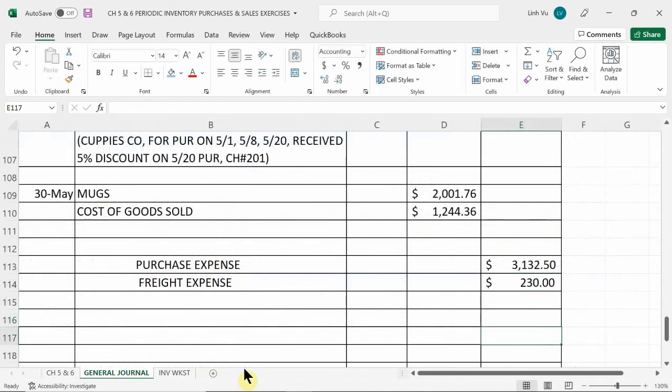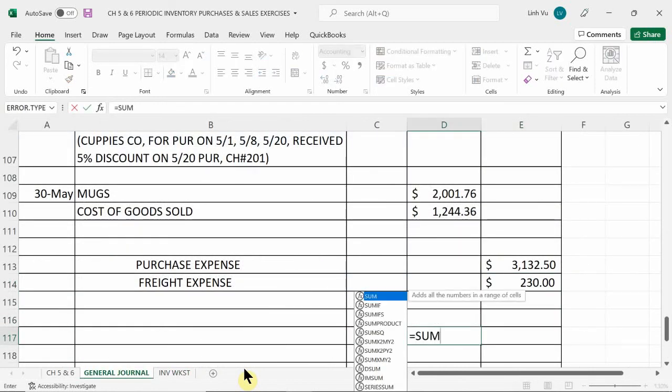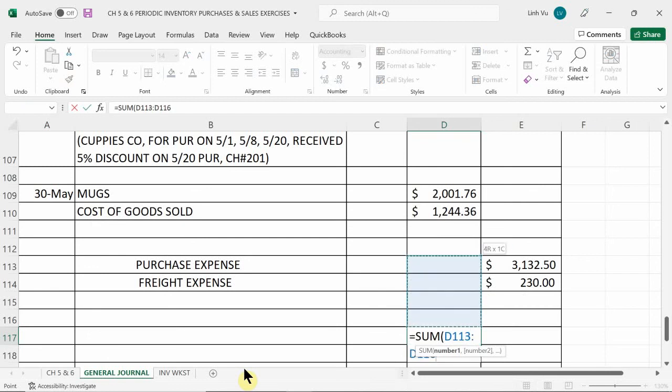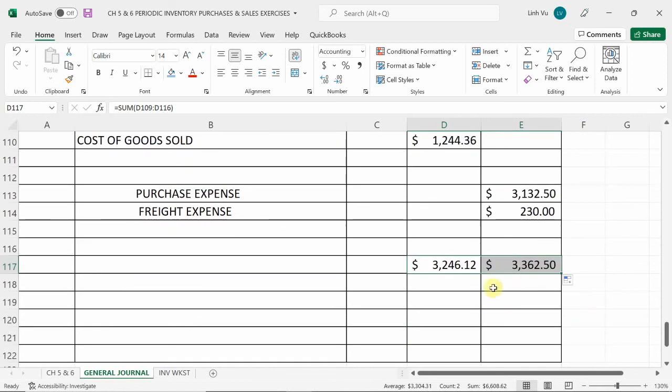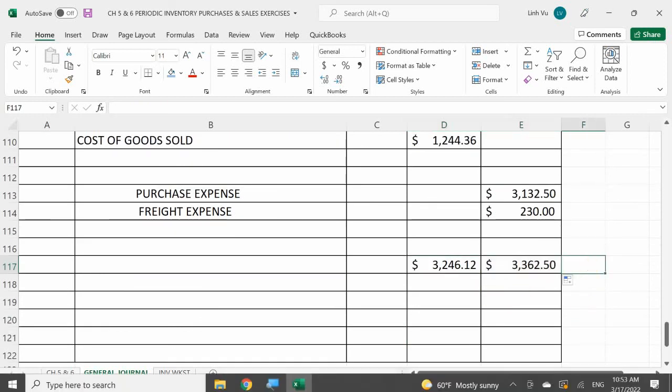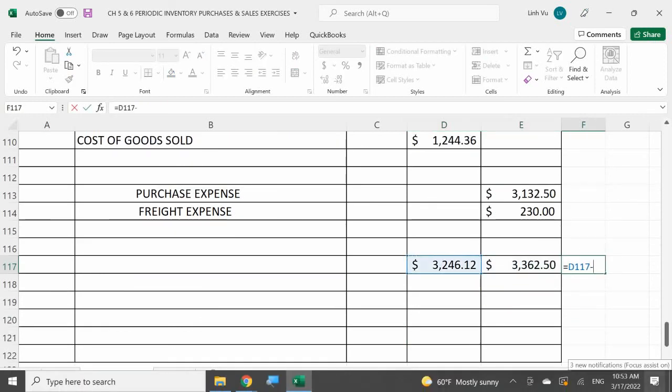So let's go ahead and do my little test here. I have a total of $3,246 debit versus a $3,362.50 credit.